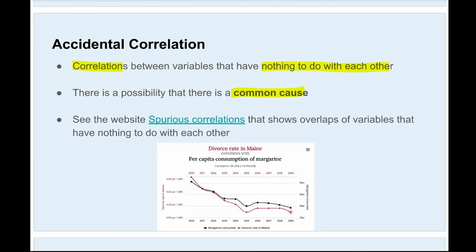That could be a common cause, just looking at the number of individuals buying the margarine, or the number of households purchasing it. But again, generally speaking, there's probably not a correlation between these two. So even though we do see a correlation, it doesn't necessarily mean that there is a relationship.